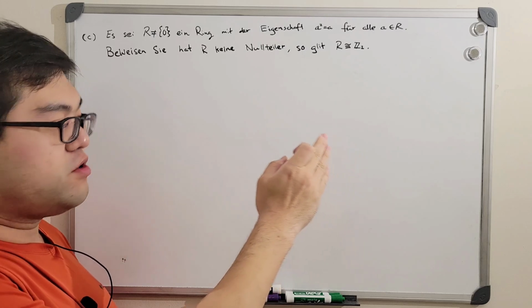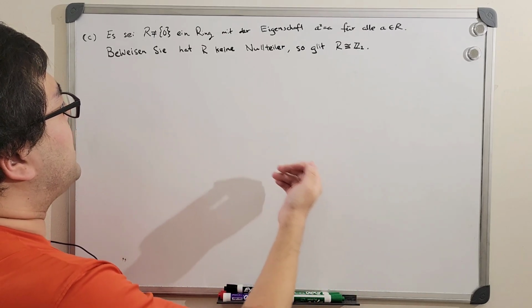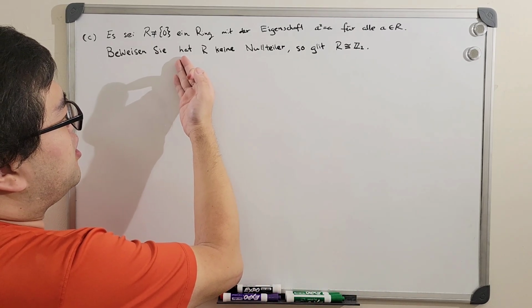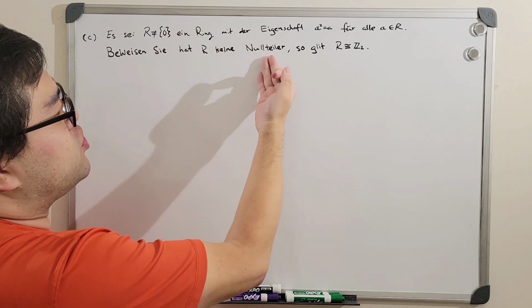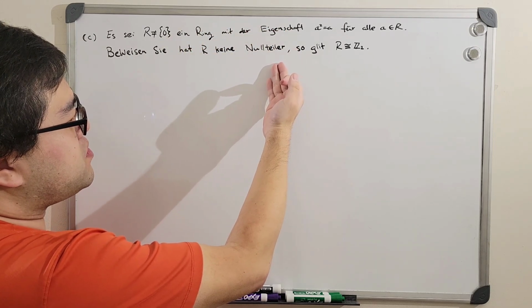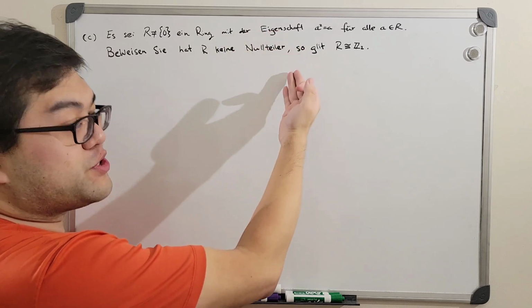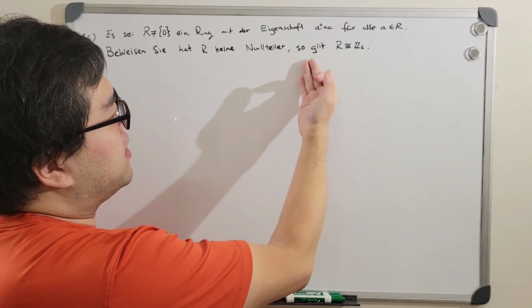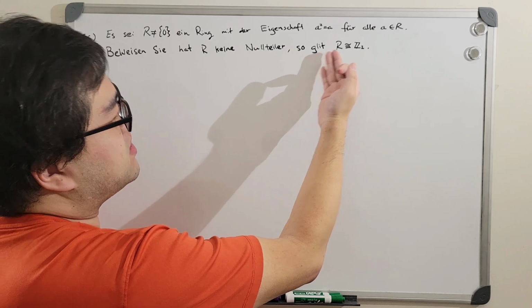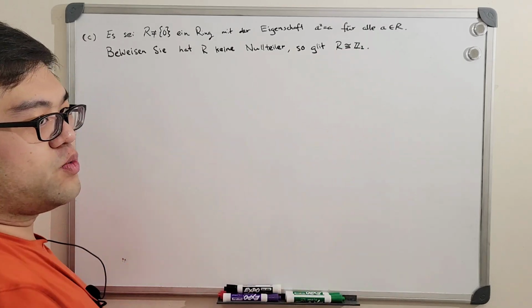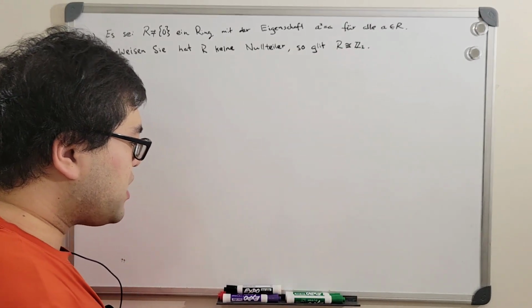My wrong translation was thinking that we want to show that this ring has no zero divisor, which implies that this ring is isomorphic to Z2. And again, what is Z2?